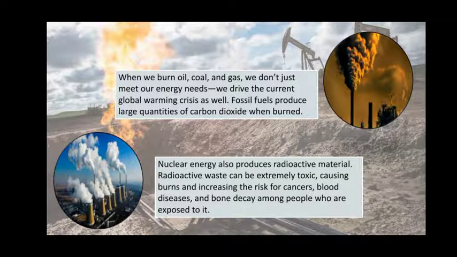Fossil fuels produce large quantities of carbon dioxide when burned. Nuclear energy also produces radioactive material, and this radioactive material can be extremely toxic, causing burns and increasing the risk of cancers, blood diseases, and bone decay among people who are exposed to it.